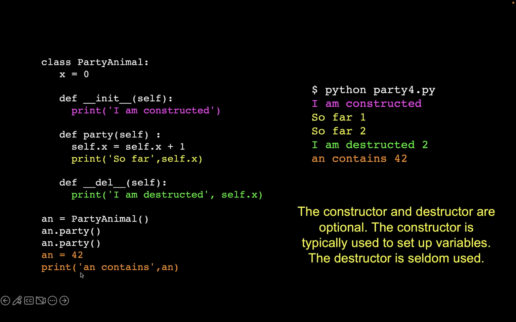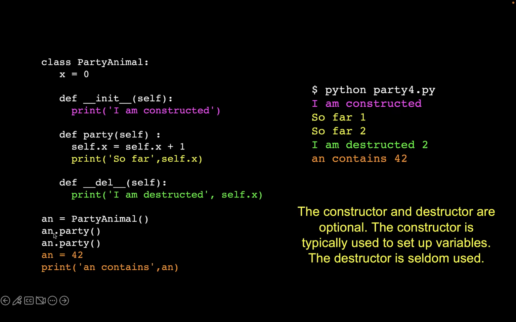And then the last thing that we're doing is printing n. It contains n. Okay. And are we expecting to see an instance of the party animal class here, or are we expecting to see a 42? Well, let's just see what the output was. So we constructed a party animal, and we got the life cycle message, I am constructed.